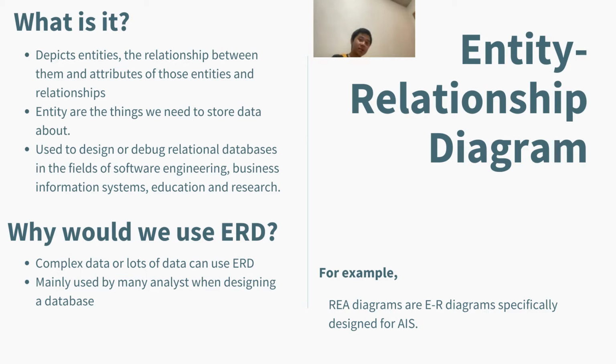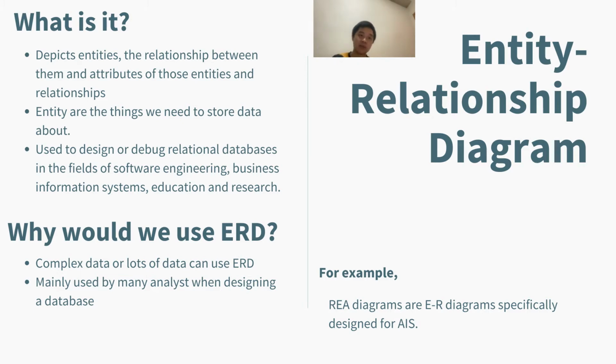Next is, what is an entity relationship diagram? An ER diagram describes how entities relate to each other. In other words, it illustrates a picture or a framework of your business or a certain business process. Entities are the things that we need to store data about.